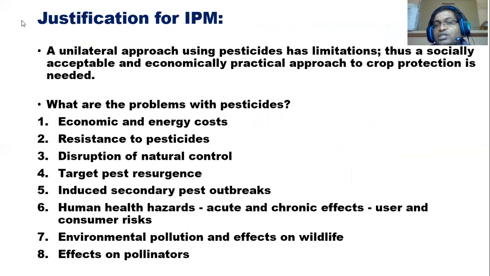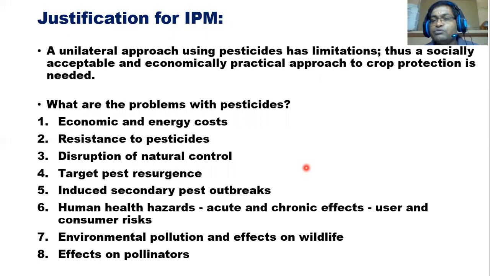We have to justify IPM because pesticides have limitations. Because you have to identify an active ingredient. For example, in pesticide research, if you want to identify a pesticide active ingredient, it will take 5 years to maybe 25 years.